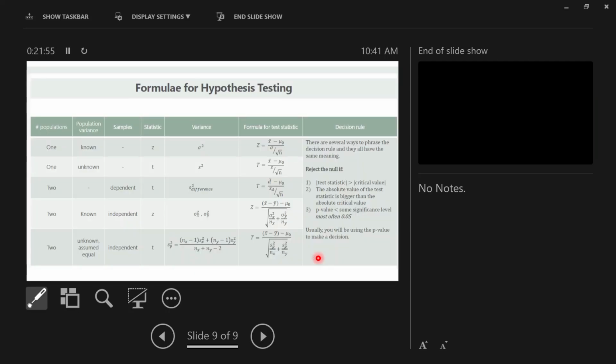The second one is that we can compare the statistic and the critical value. Do you remember where we were getting our critical value? From the Z and T table. So there are 2 ways. If your level of significance is 5, you can use the p-value that the software will calculate for you.